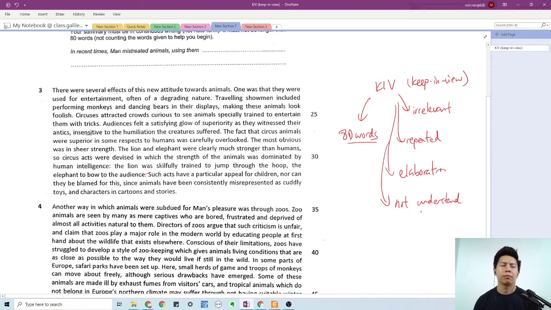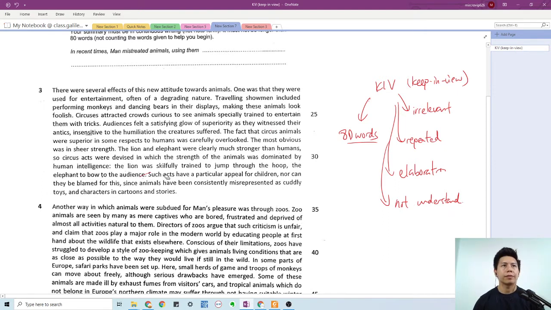Once in a while you see some point and you ask yourself, do I really understand this? If that crosses your mind, KIV. It's not worth your effort picking that as a point, and even if that is a point and you end up paraphrasing it wrongly or understanding it wrongly, it's just pointless. So those are the points that we try to KIV. The 4 different types of points here.